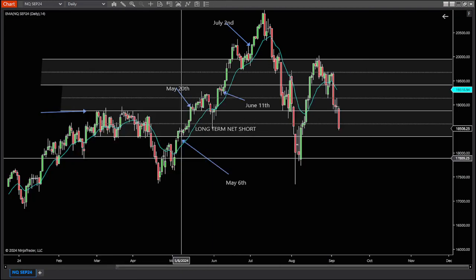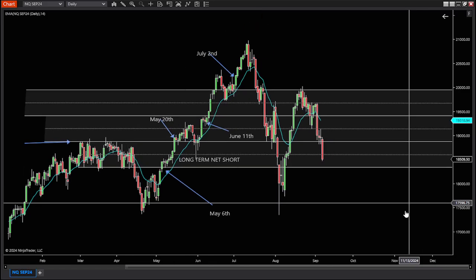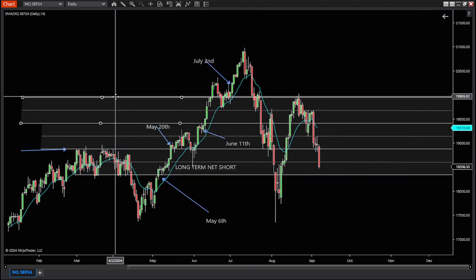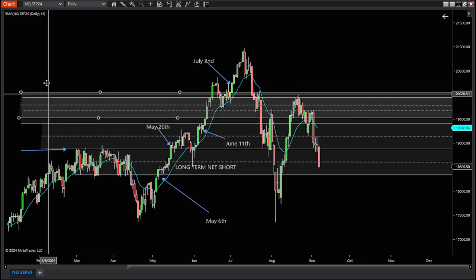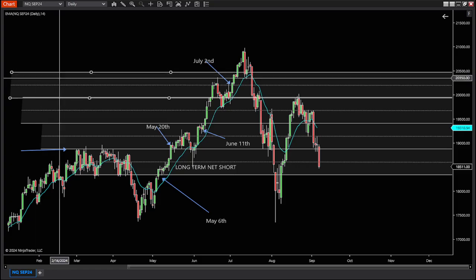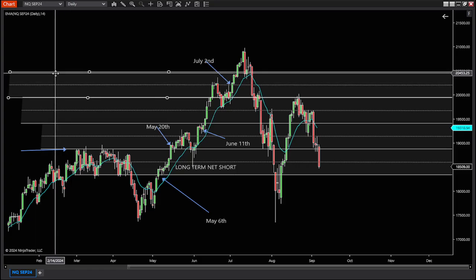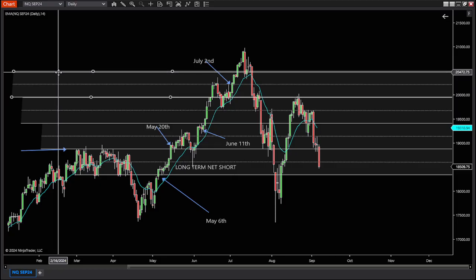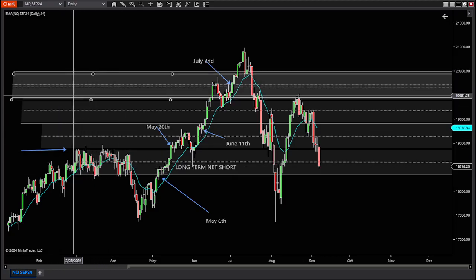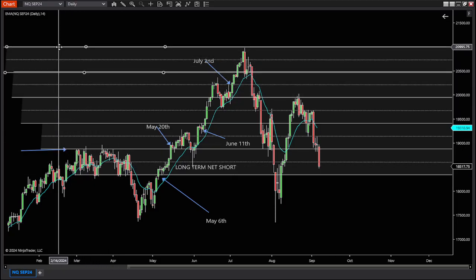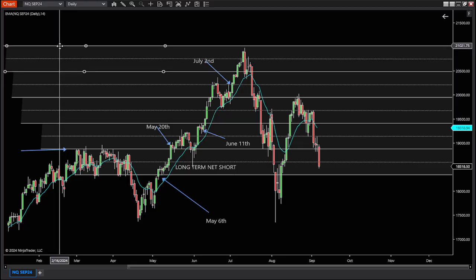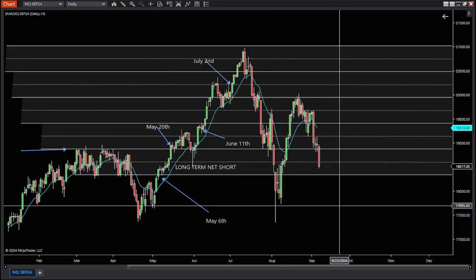So let's look at cost basis again. We're going to copy and paste. Just keep adding them. That's 3. And that's 4, right?